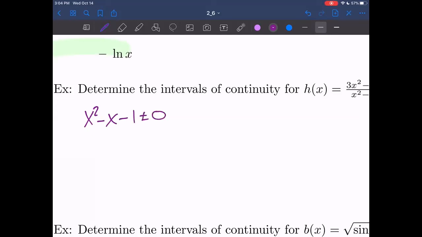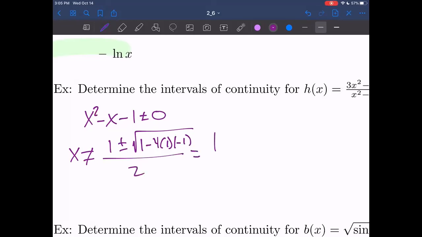We can't factor this, so we'll plug it into the quadratic formula. So x can't equal (1 plus or minus the square root of 1 minus 4 times 1 times -1) over 2. So we get 1 plus or minus root 5 over 2.